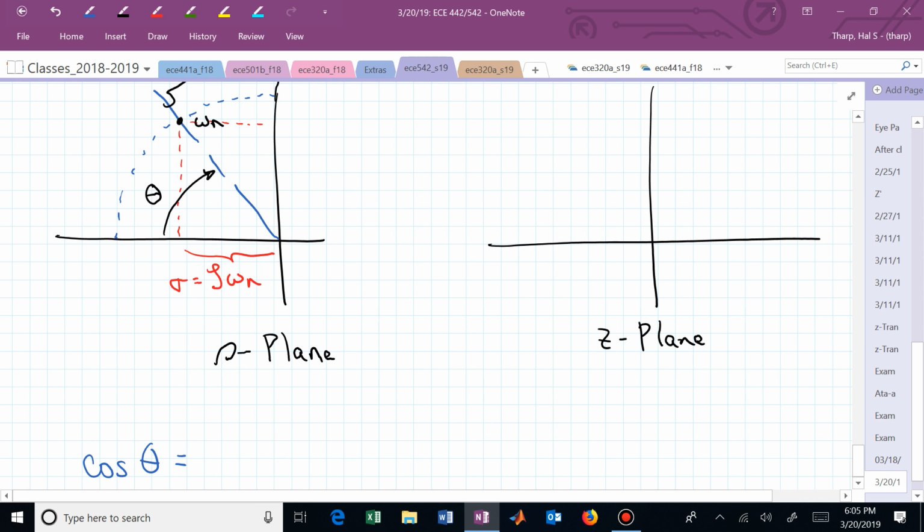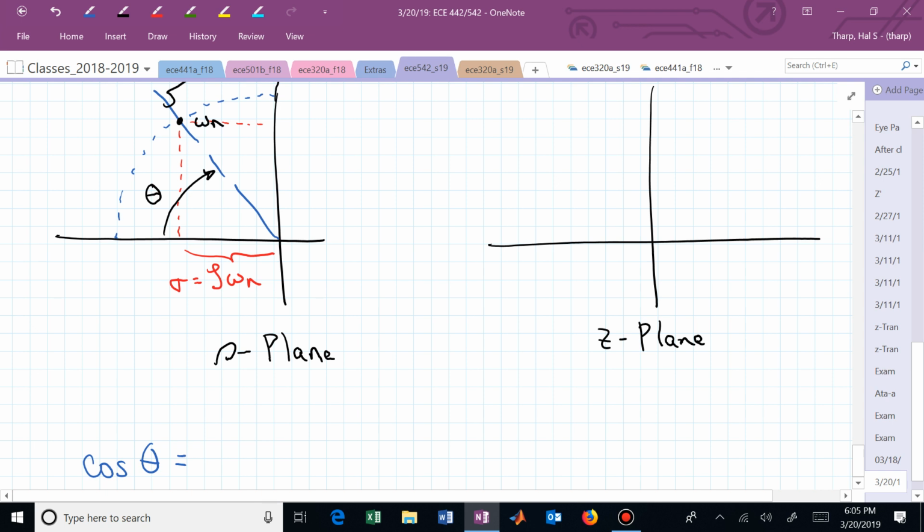We're just dealing with a right triangle. If we have an angle of theta and we know that omega sub n is the hypotenuse length, then what's the cosine of theta in terms of these parameters that we've identified in our picture?